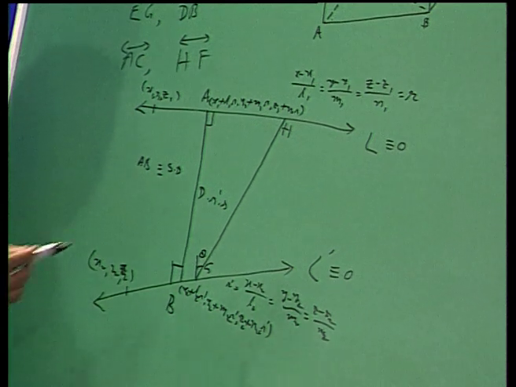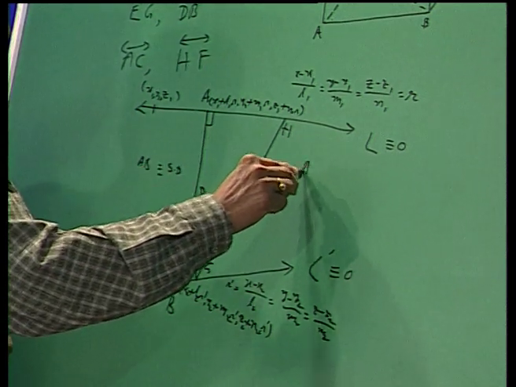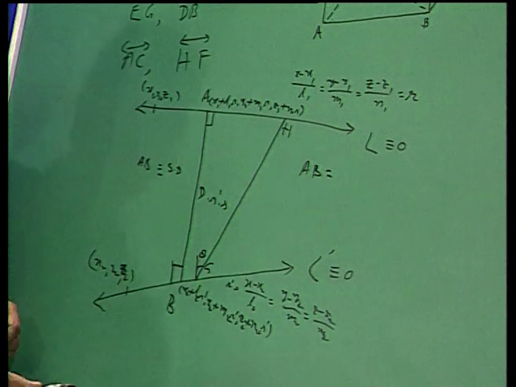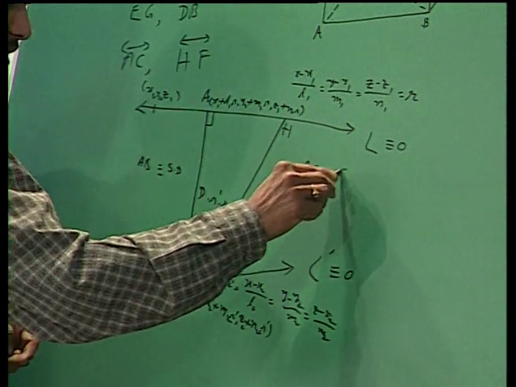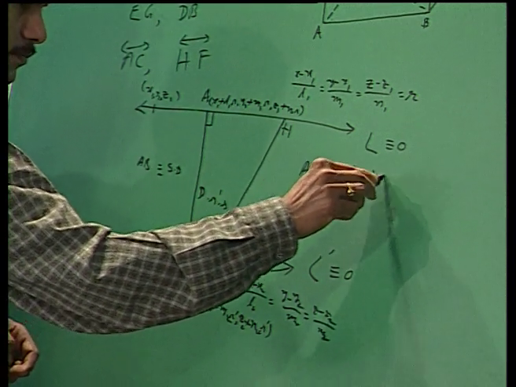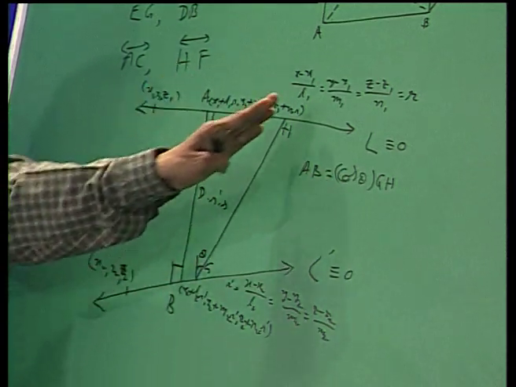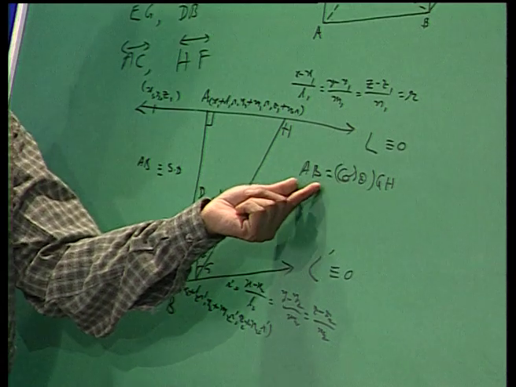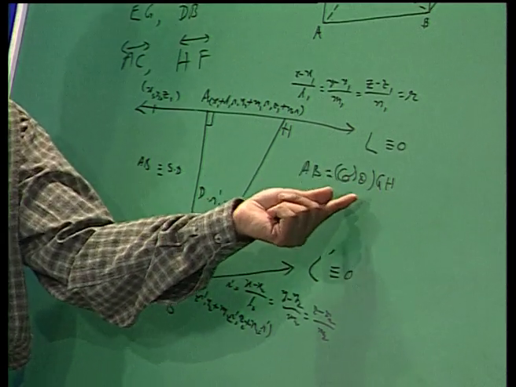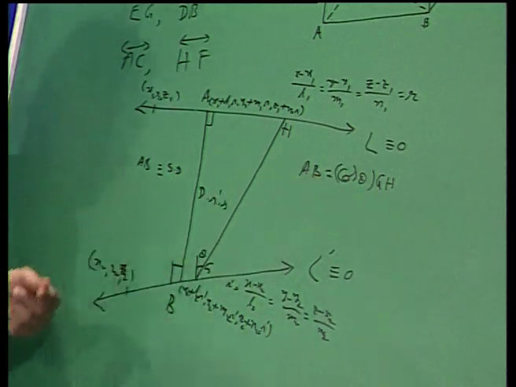Then we have cos theta is AB by GH, therefore, AB is equal to GH into cos theta.